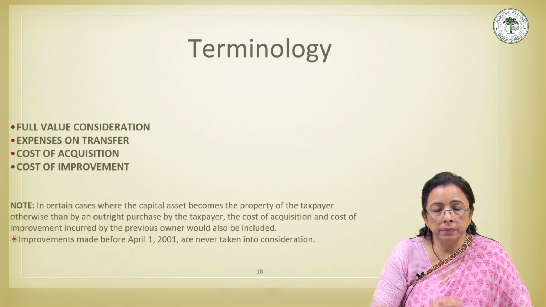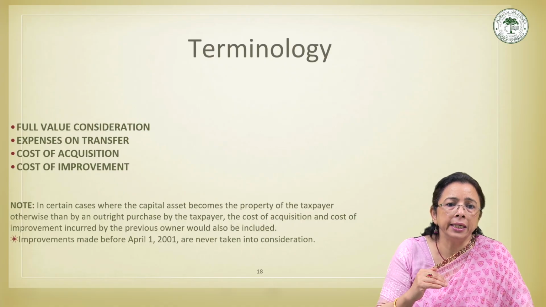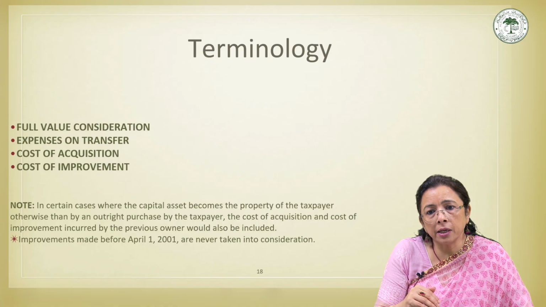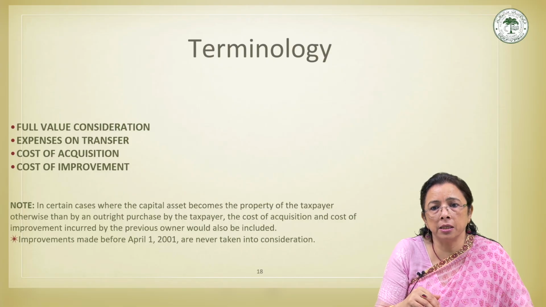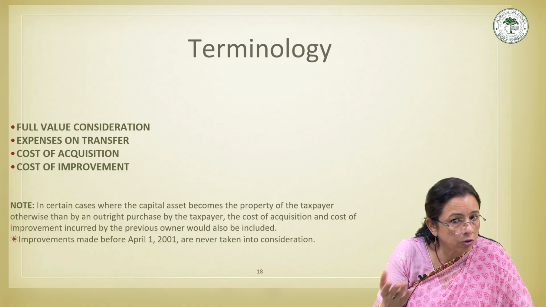Then there is something very important that you must always remember: in cases where the asset becomes the property of a taxpayer otherwise than by purchase, that is, by inheritance, gift, will or succession, then the cost of acquisition is equal to the cost of the previous owner.